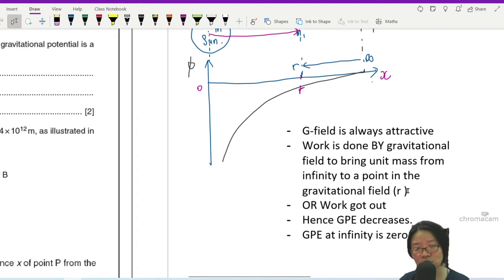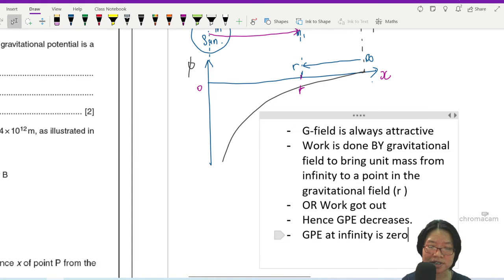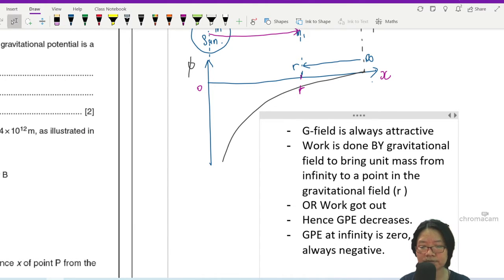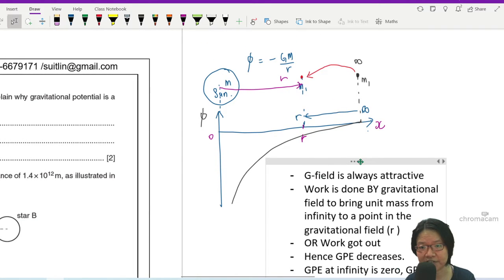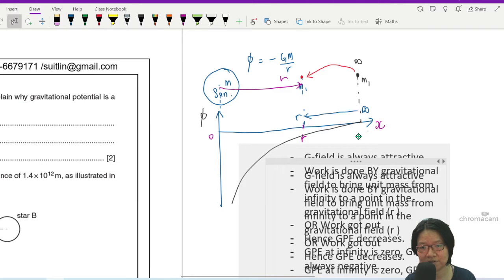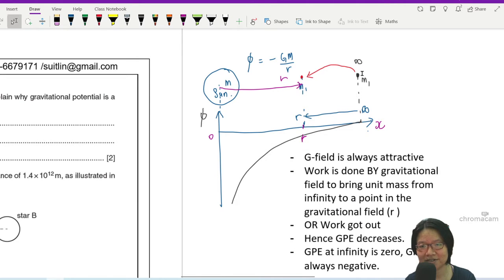So if the field is not acting, there's no gravitational potential energy. So if it decreases from 0, GPE is always negative. So you imagine the place with the largest GPE is at infinity. But infinity is already 0.